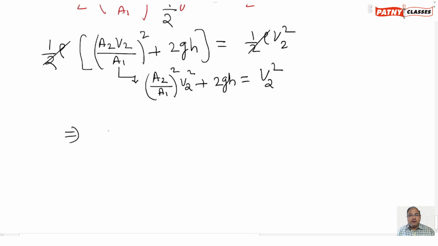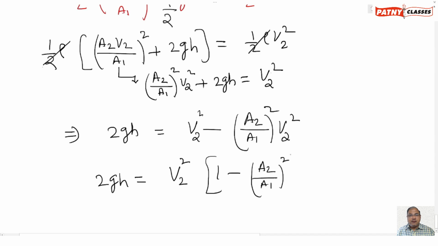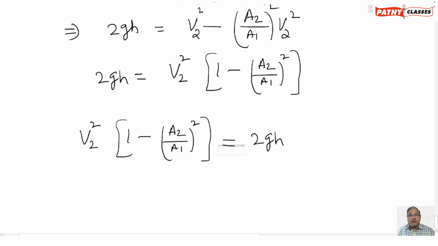Keeping twice g h on the LHS and taking the remaining part to the RHS, that is V2 square minus (A2 upon A1) whole square multiplied by V2 square. So twice g h equals, taking V2 square common, V2 square times (1 minus (A2 divided by A1) whole square).